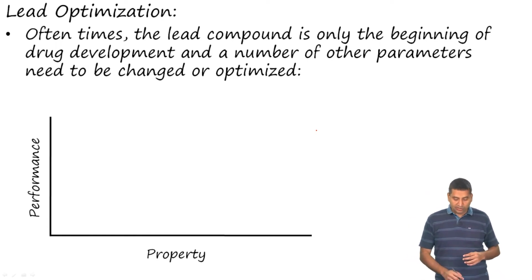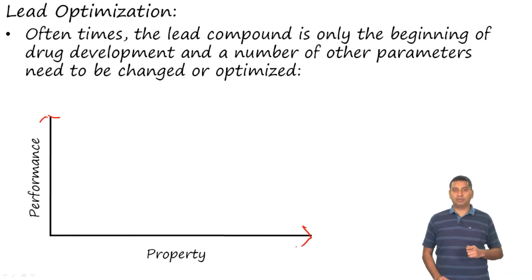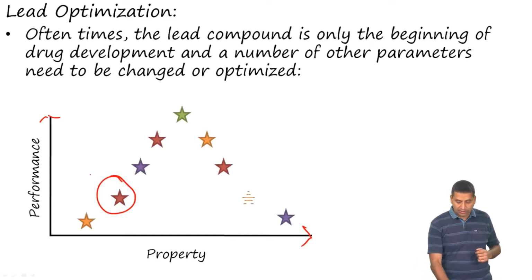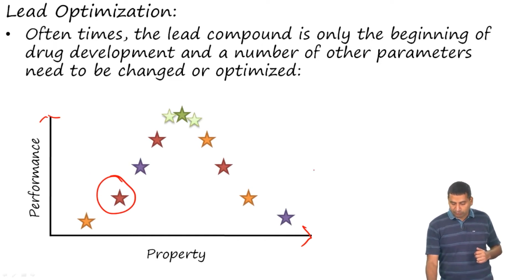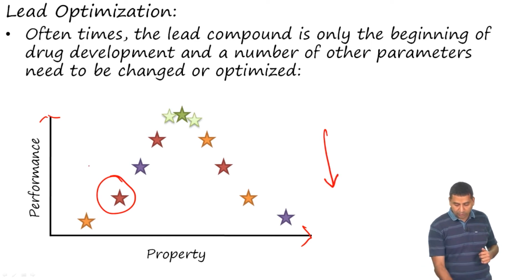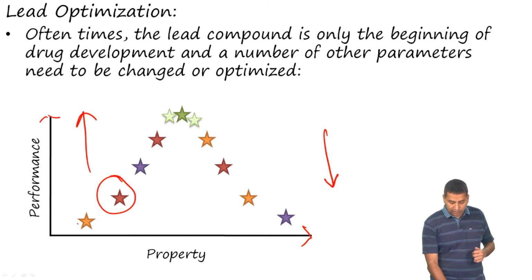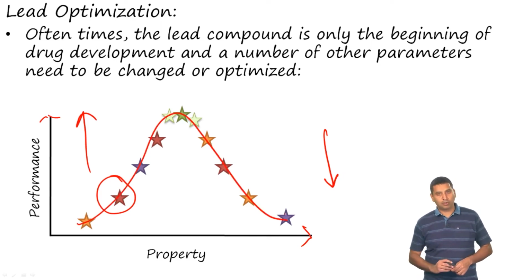For example, in this plot of performance versus property, where this is the desired property we want to look at, you start with the lead compound over here, and then you start making various modifications to the structure. Some lead to a decrease in performance and some lead to an increase. Typically you get a bell shaped curve for performance versus property.